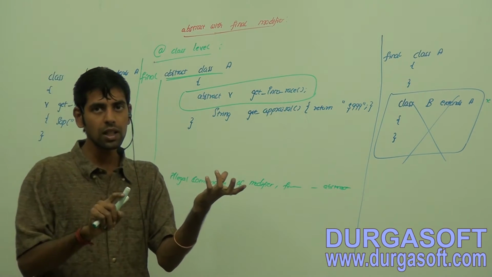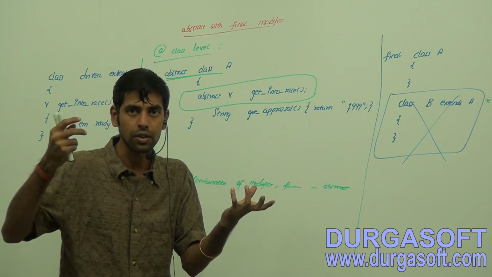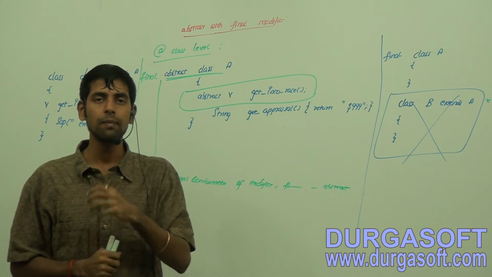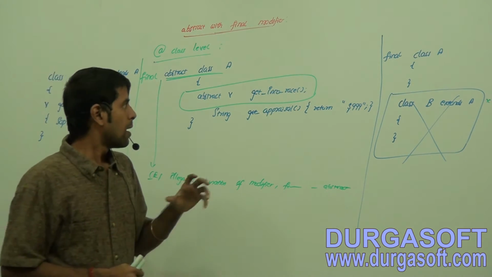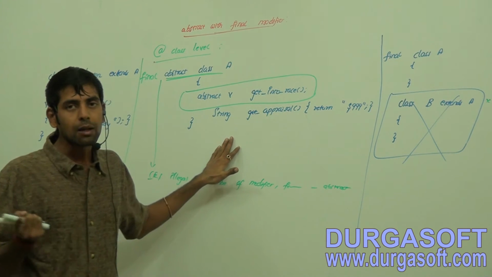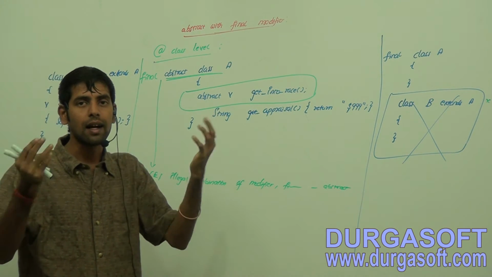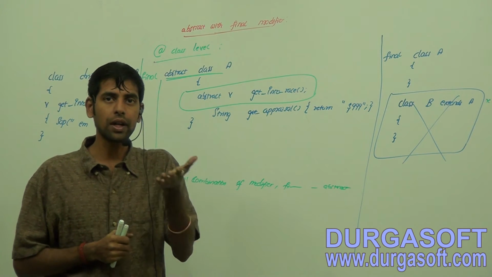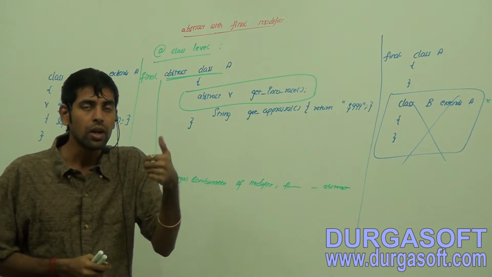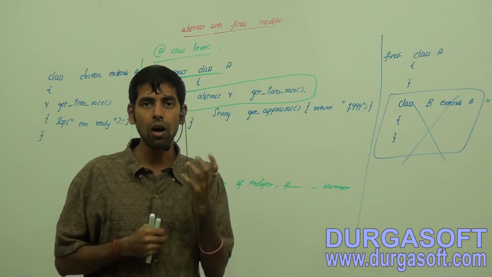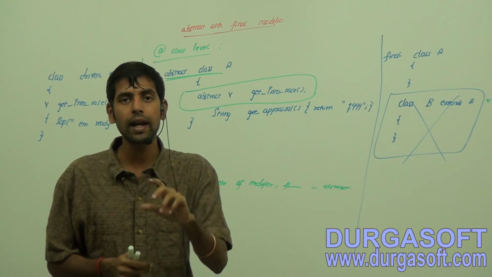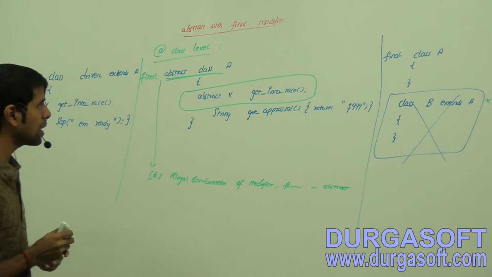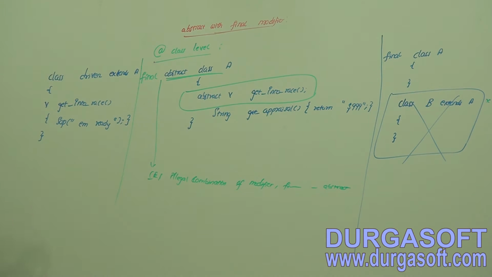Abstract. For that we have seen, even understood the reason. Now what is the other one? An abstract class can contain 0 or any number of concrete methods, and also it can contain 0 or any number of abstract methods. Please put this point in your brain and try to get the answer for this question.